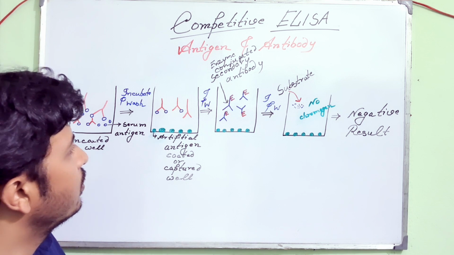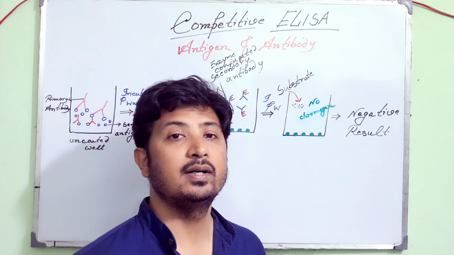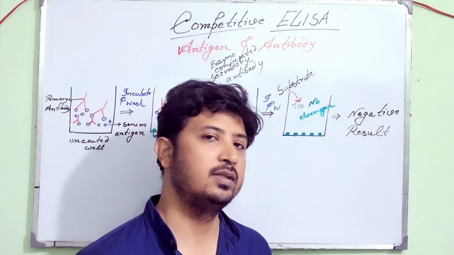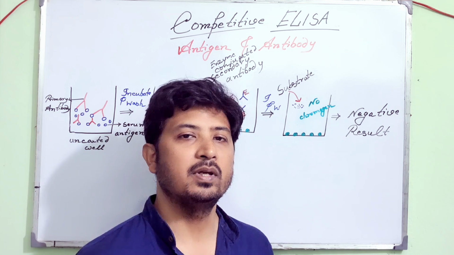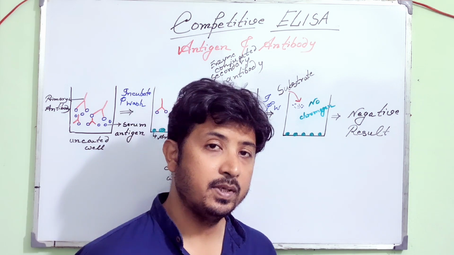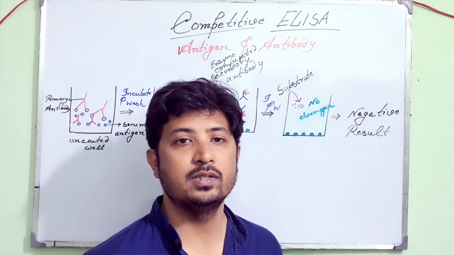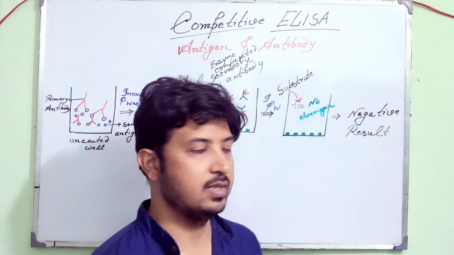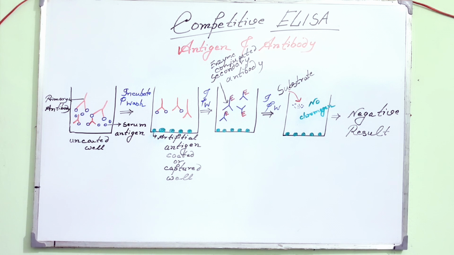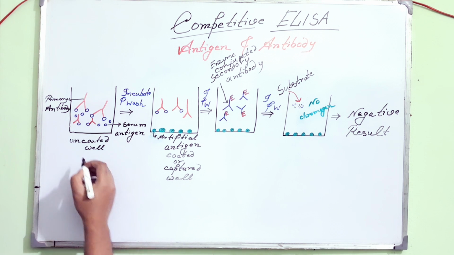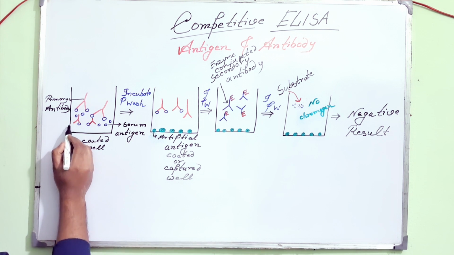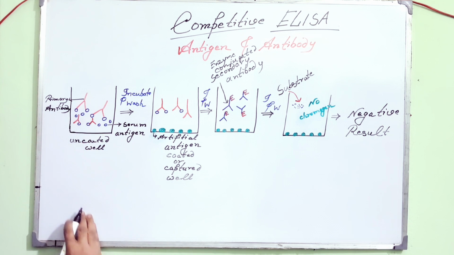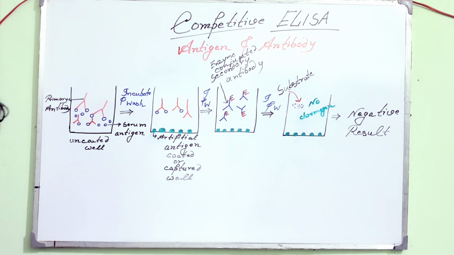Now, here I have drawn a picture to detect the antigen. I will be detecting the antigen from the patient's serum. If the patient is positive, the antigens will be there in the serum and that will be detected through competitive ELISA. First I have taken a well that is not coated, an uncoated well.